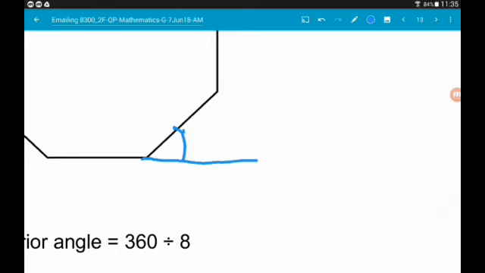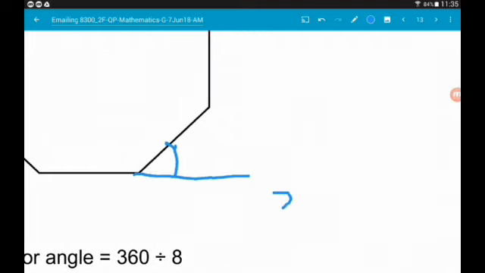Now with an octagon, this would be 360 divided by 8. 360 divided by 8 is 45. So the exterior angle of this octagon is 45.